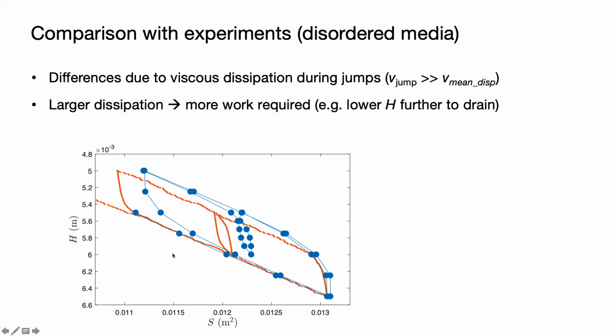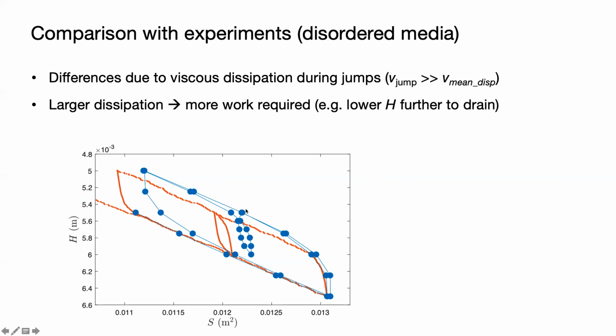And here we do the experiment and the simulation under the same pressure, starting here from 6.5 and ending at 5. So you get a different area, meaning that you have more energy dissipation in the experiments. And this is why you need this larger suction or to invest more work to get to the same saturation.